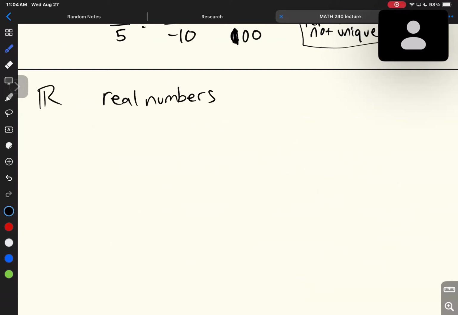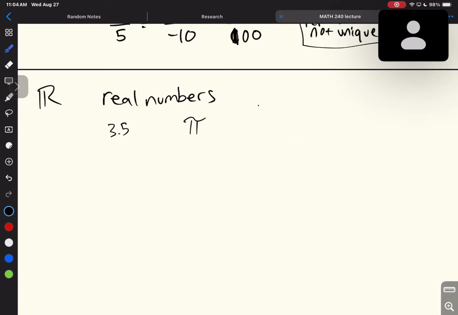So 3.5 is a real number, but also pi is a real number, but we can't represent it as a fraction. We can approximate it as a fraction, but we can't accurately write pi as a fraction.